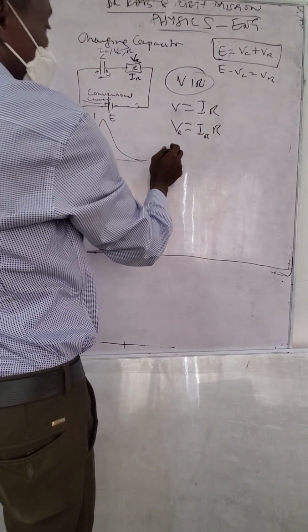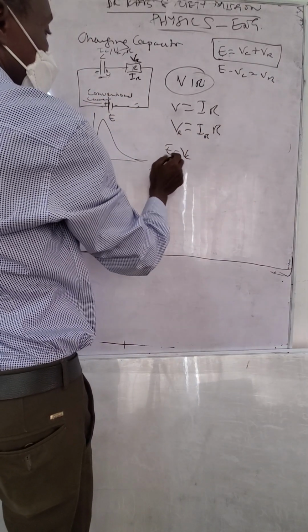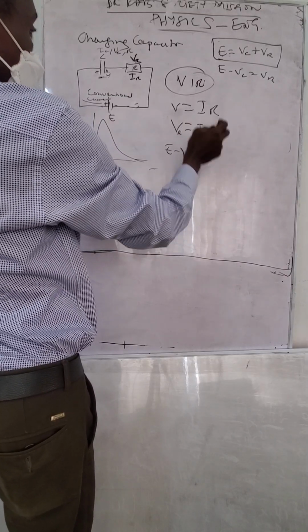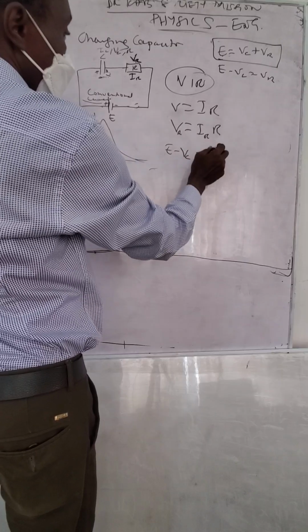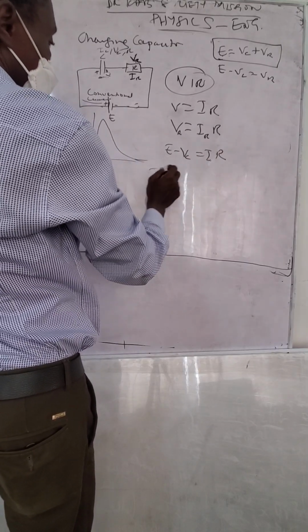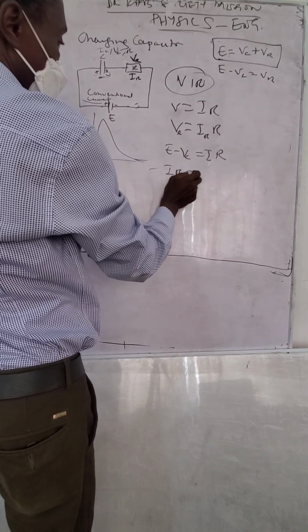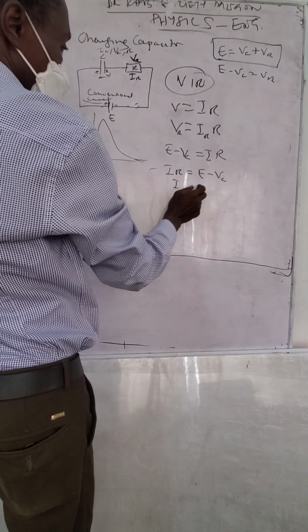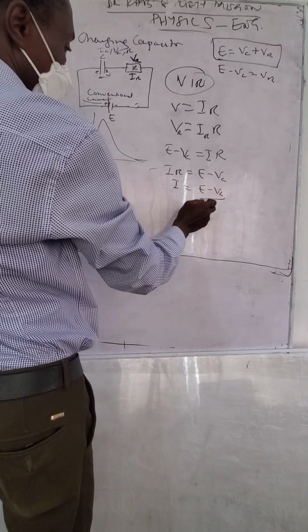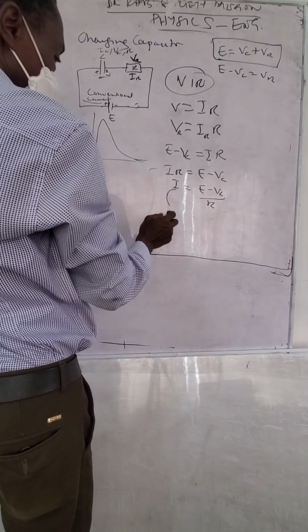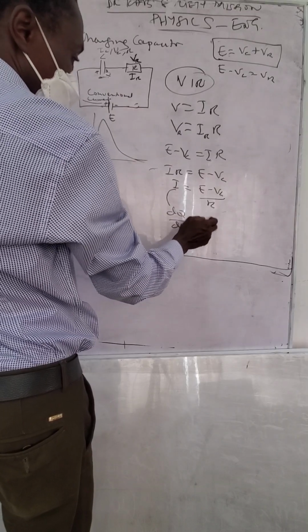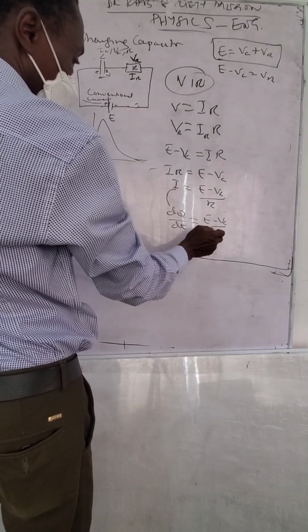So we can put E minus VC is equal to I, let's just make it I for simplicity, the same I that will go to R, times R. Then it means IR is equal to E minus VC. So I will be equal to E minus VC over R. Now our I is equal to dQ over dt, which is the same as E minus VC over R.